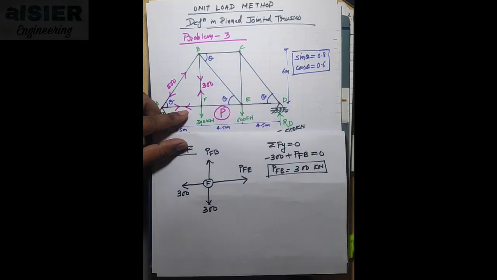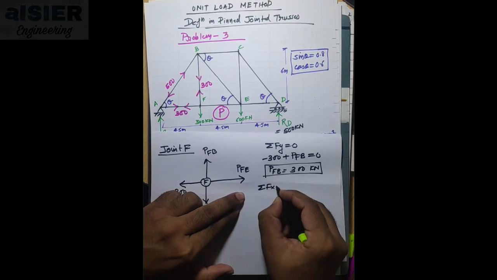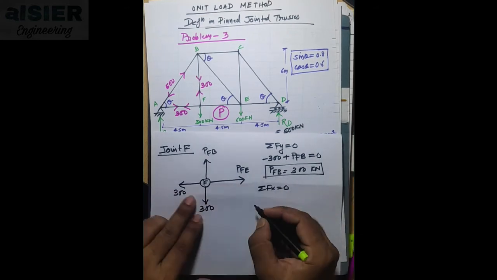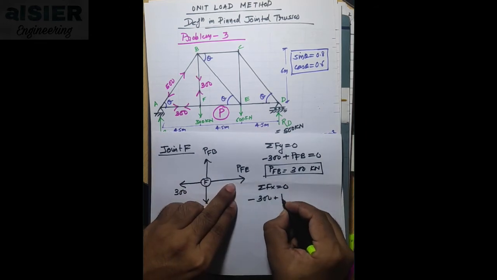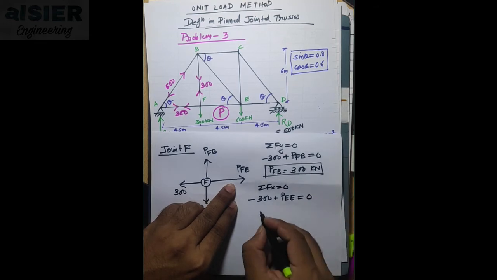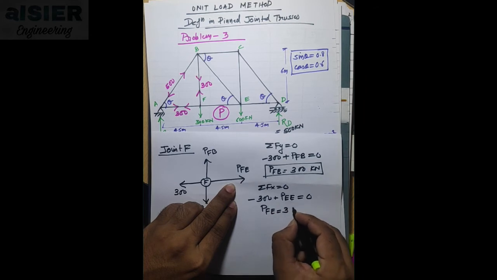Similarly, next is summation of Fx is equals to 0. So minus 300 going towards left plus PFE, which is equals to 0. Therefore PFE is equals to 300 kilonewton.